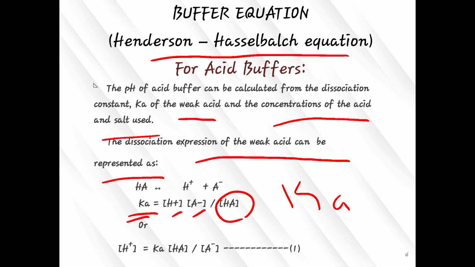So the concentration of H plus is equal to Ka times the concentration of HA, the acid, divided by the concentration of A minus, that is the salt.